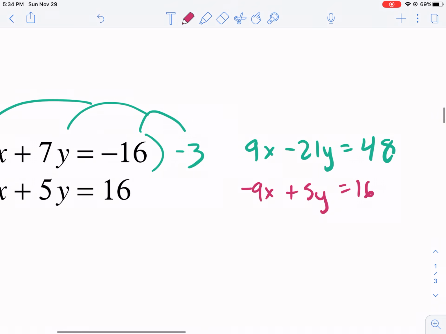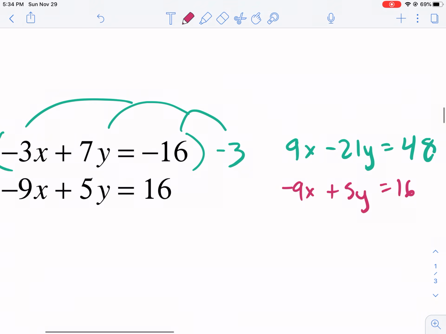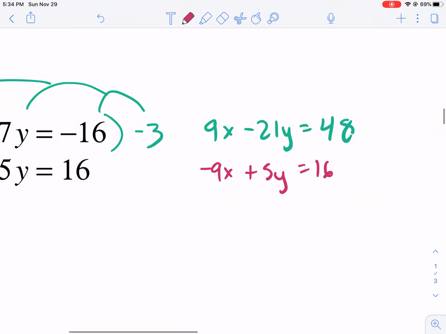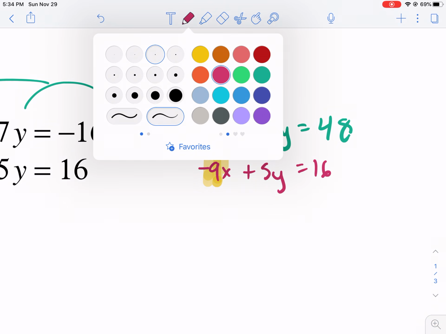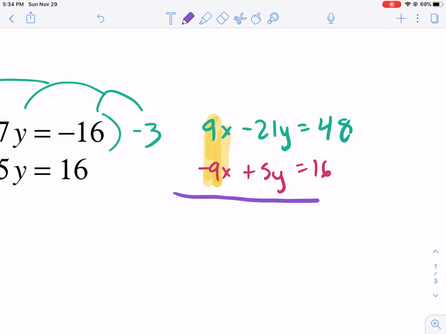So you see this is a much easier problem because we only had to multiply one of them to get the coefficients to match up for one of our variables. Now we see that the coefficients of x are opposites, and we're ready to proceed. We're going to add these two together, and it eliminates the x's. Okay, and we add the y's, and we get negative 16y equals, what is that, 64?